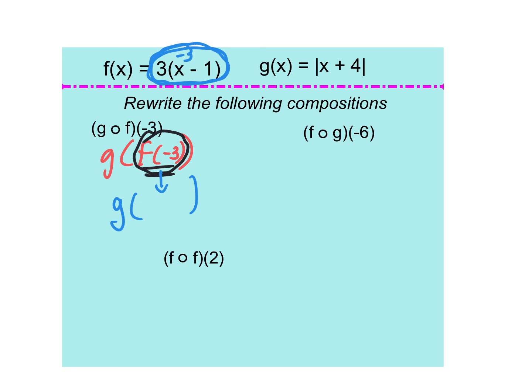You got this one? You put negative 3 in x, and then it's negative 3 minus 1, which is negative 4. Negative 4 times the 3 makes negative 12. So that's negative 12. We're working from the inside out. Noah, can you finish this question?